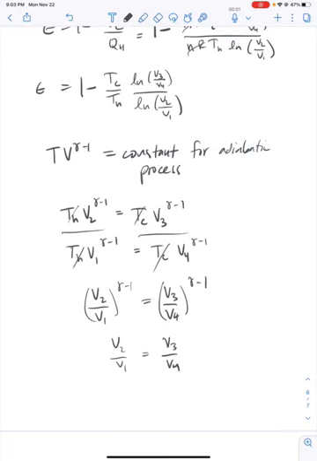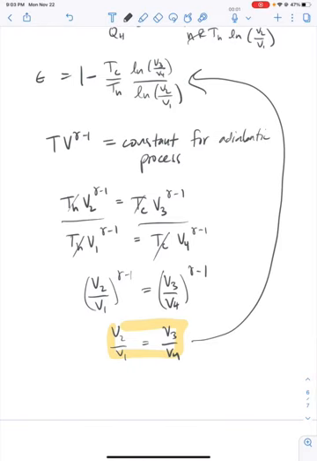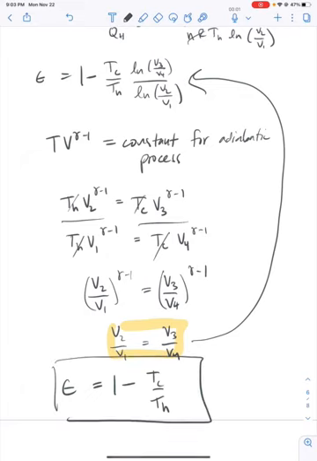And now I'm going to plug this expression in up here, and that means those log terms can cancel because they're equal to each other. This log V3 over V4 over log V2 over V1 is 1, since V2 over V1 equals V3 over V4. And so then that leaves us finally with our efficiency being just 1 minus TC over TH. So we have this really nice, simple expression in the end for the efficiency of the Carnot engine.